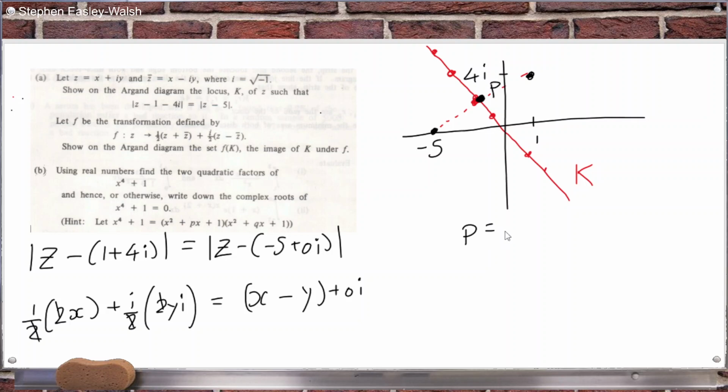So 1 minus 5 is minus 4, so that's minus 2, and then 2i. Yeah, okay, that's P. Now I should find another point on it. Oh yeah, and let's transform it. So the new P would be at x minus y. So minus 2 is minus 4 plus 0i.